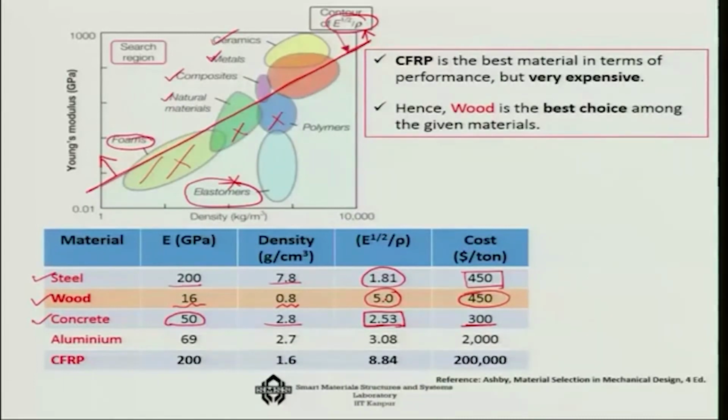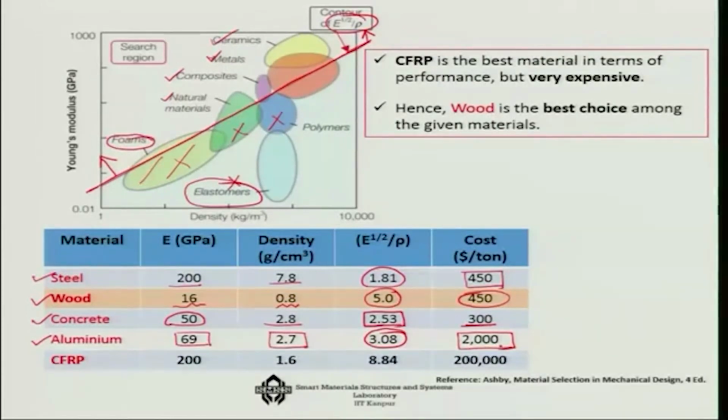Let us look at aluminium, because aluminium is one of the lighter metals, although it is more expensive. 69 gigapascal, density 2.7 gram per cc, and the factor will be 3.08, which means it is better than steel. But look at the cost, you are spending something like 3 to 3.5 times more than steel.